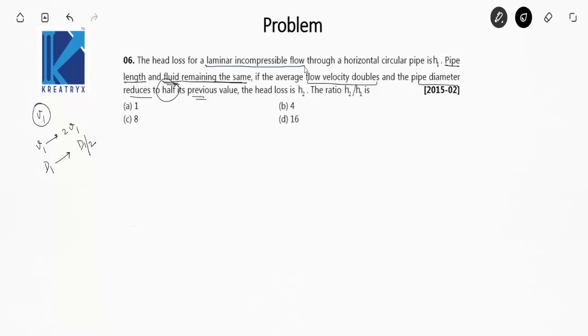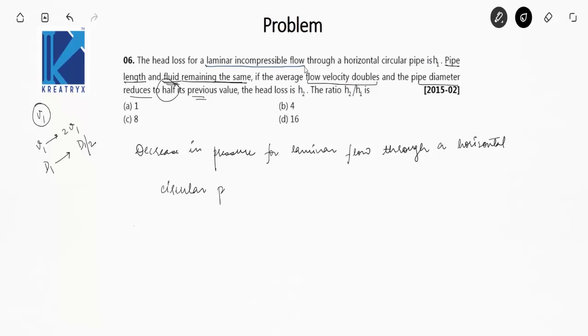Now we know that the decrease in pressure for laminar flow through a horizontal circular pipe is delta P equal to 32 mu VL by D square.